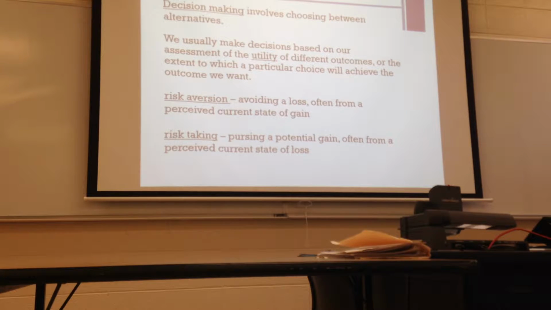Under some circumstances, we tend to be risk averse. Now, risk aversion means that you're going to avoid choices that appear to cost you something. And we're more likely to be risk averse when we feel like we're currently in a good position or we're in a position of gain. So if I'm in a good position, I don't want to lose ground.